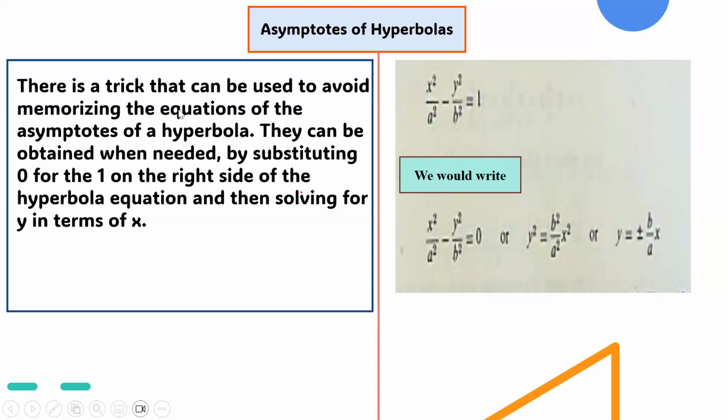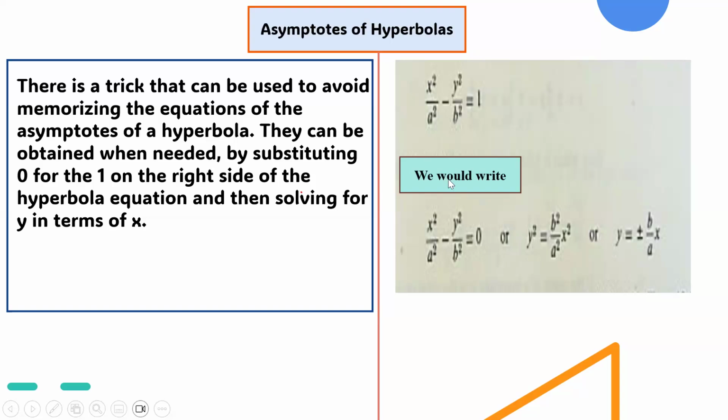Now, when we're dealing with asymptotes, there is a trick that we can use to avoid memorizing the formula, and that is substituting 0 for 1 on the right-hand side of the hyperbola equation. And then we'll solve for y in terms of x. Now, we have x squared over a squared minus y squared over b squared equal to 1.